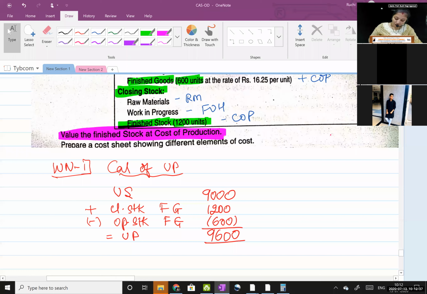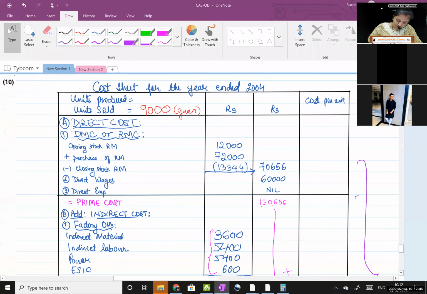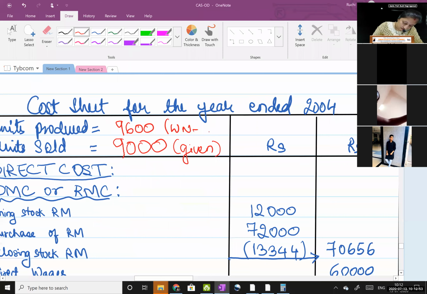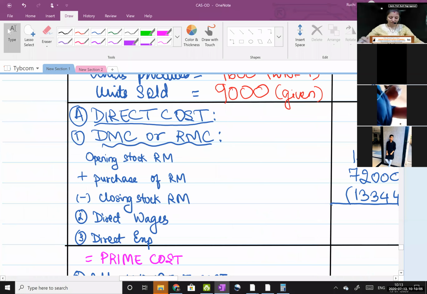Yeah. Now come to your cost sheet. 9,600 is the answer. Working note number 1. Okay. Then note down opening stock of raw material 12,000.